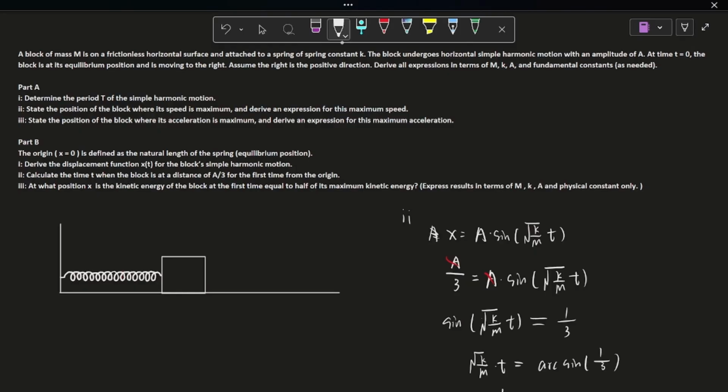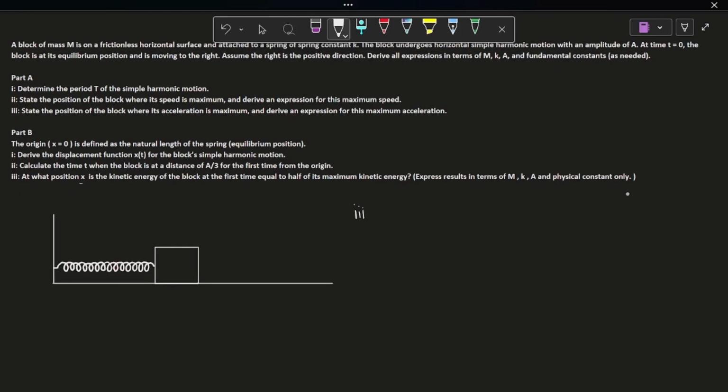And t will be equal to square root of m over k times arc sine of 1/3. And that is your answer. You can plug arc sine 1/3 into your calculator, and that's fine. It'll give you some decimals, but they're basically the same thing.